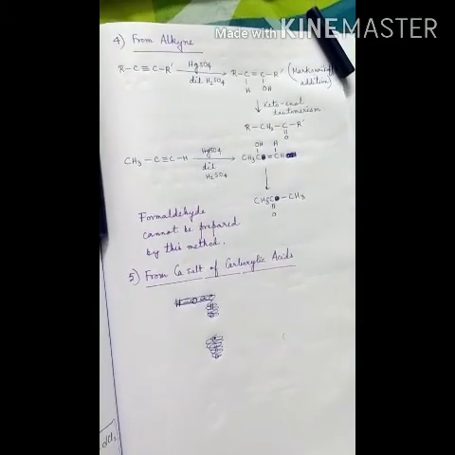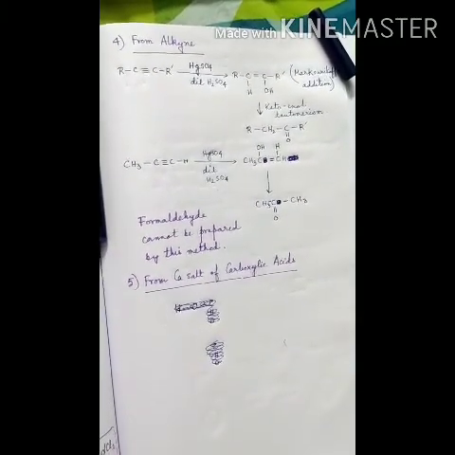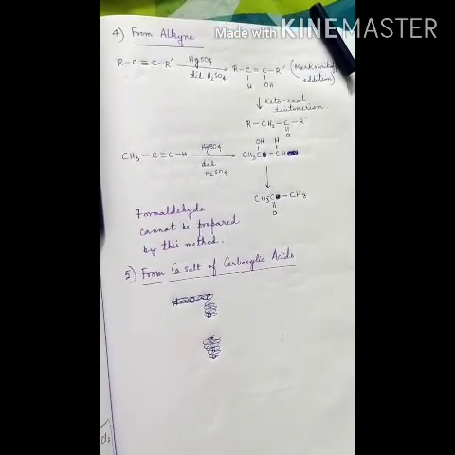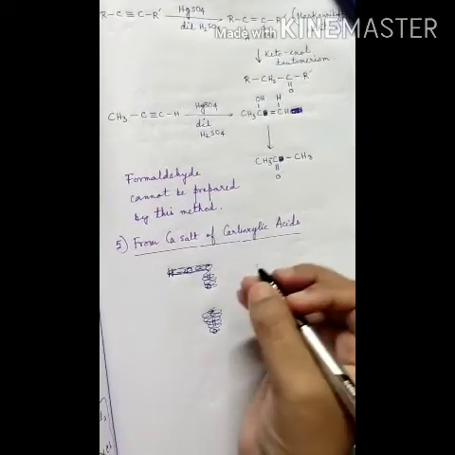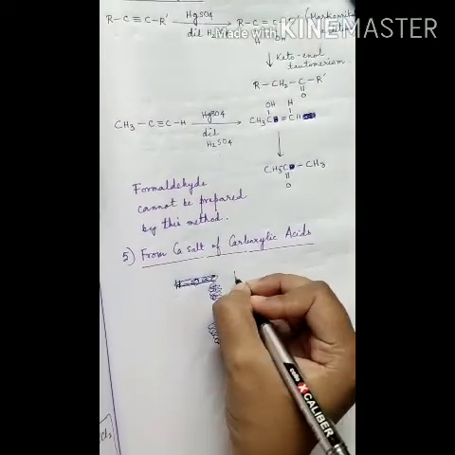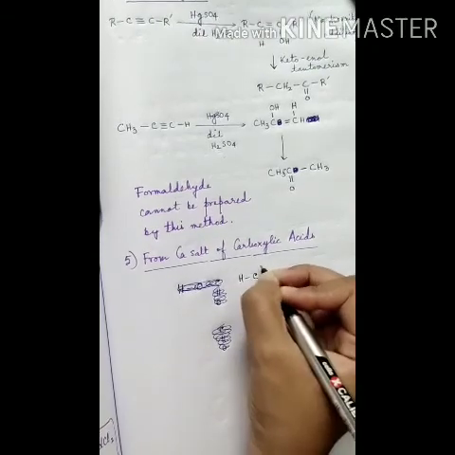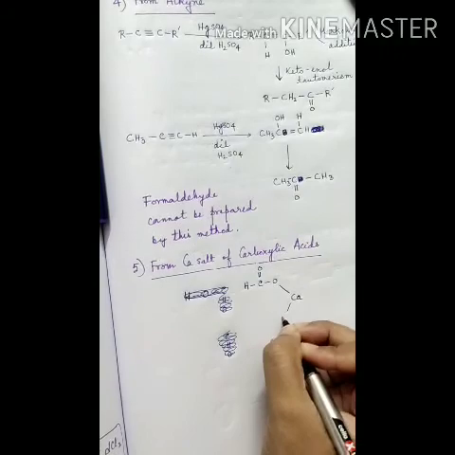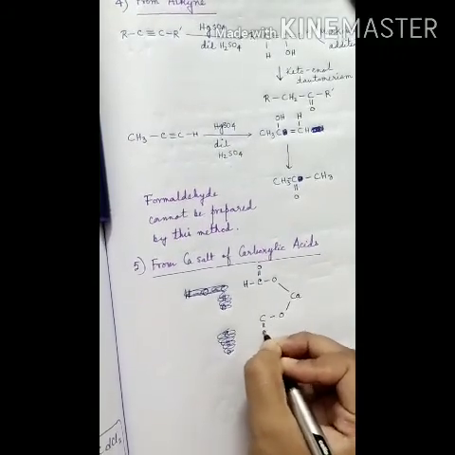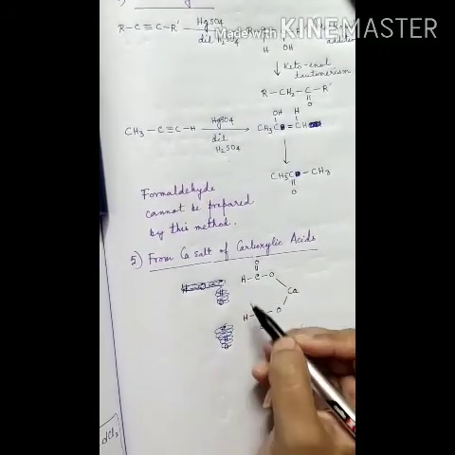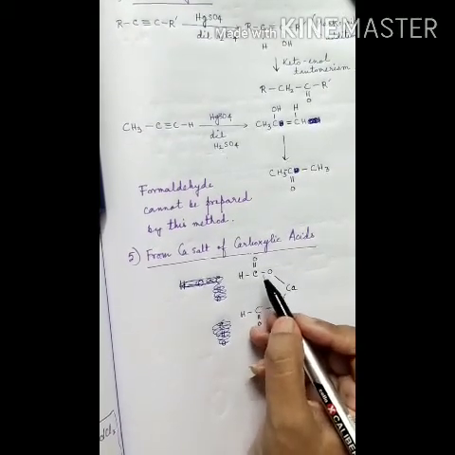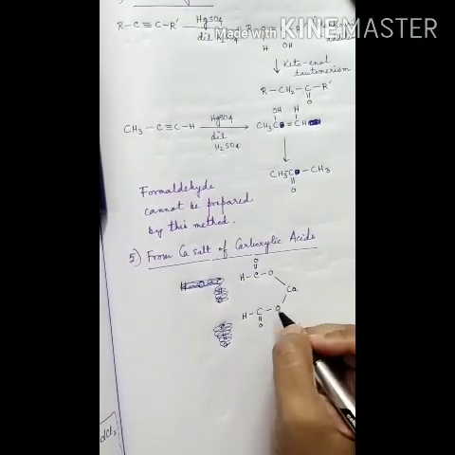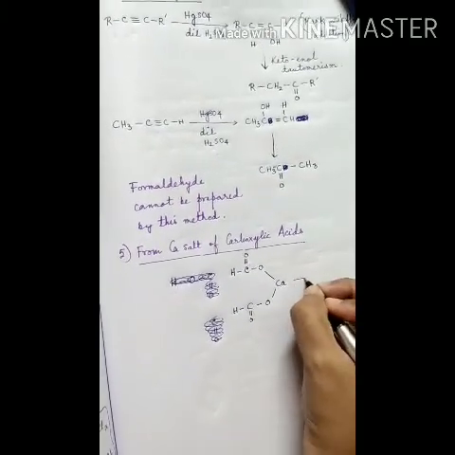Next method is that we can get aldehyde and ketone by distilling calcium salts of the acid. If we distill the calcium salts of the acid, we generally get the aldehyde. How? Here you see, we have taken calcium formate. This is formic acid, HCOOH, and we have taken a calcium salt of the formic acid.